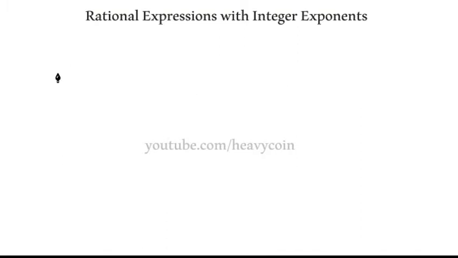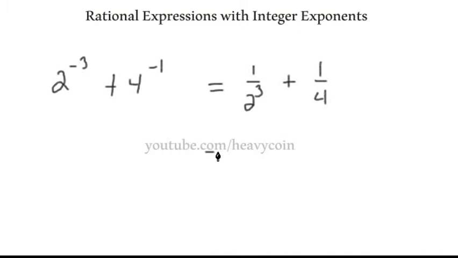If I had 2 to the negative 3 plus 4 to the negative 1, and we want to get this into a single fraction, which is going to end up being a proper fraction, you would write this as 1 over 2 to the 3rd plus 1 over 4.